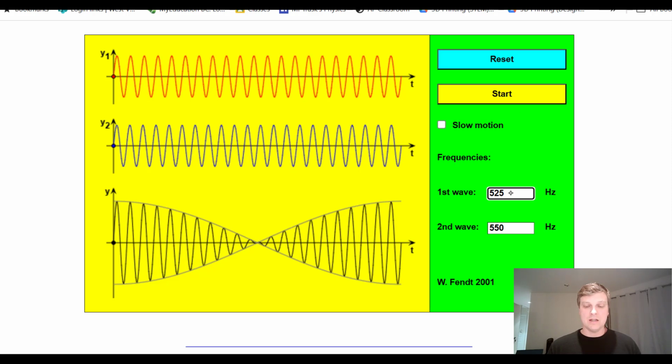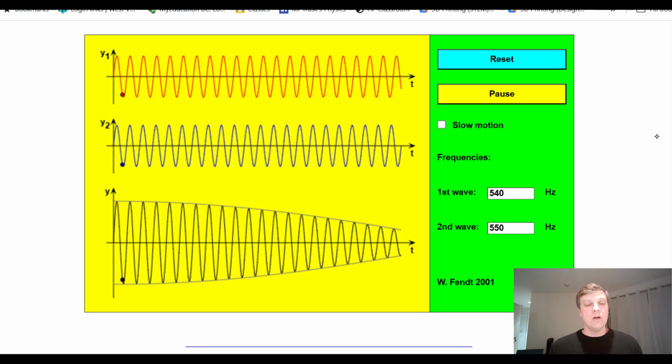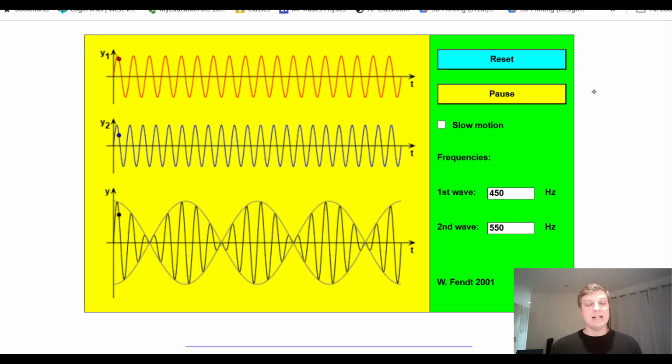So if I reset this and make this 540 and run this, it's going to take a long time for the pattern to get out of sync and then a long time to get back in sync. And if I go the other way and maybe I make this 450 and I run this, you can see that that's going to have a very high frequency beat pattern. So the frequency of the beat pattern itself really just has to do with the difference in the two frequencies of the waves that are interacting.